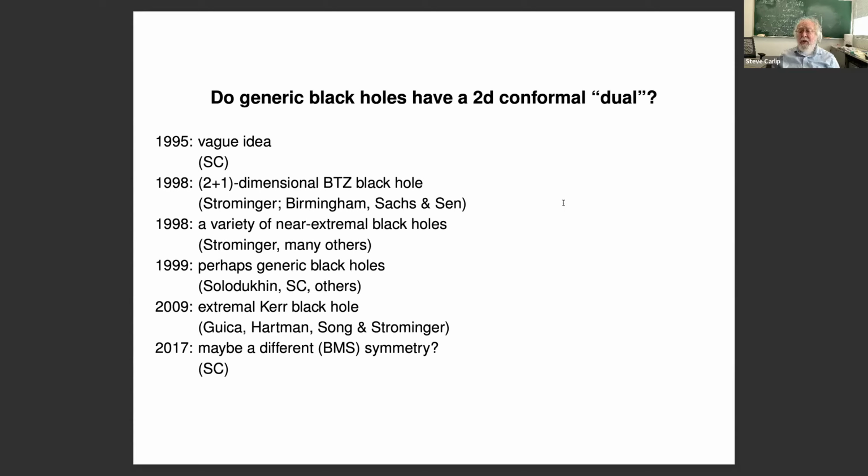But again, this was a special case. More recently, based on work that I'll talk about in a few minutes, I propose that maybe there's a different two-dimensional symmetry that does the job. We're certainly not there yet, but this seems like a promising place to look.